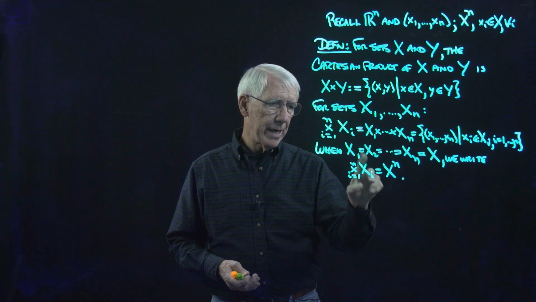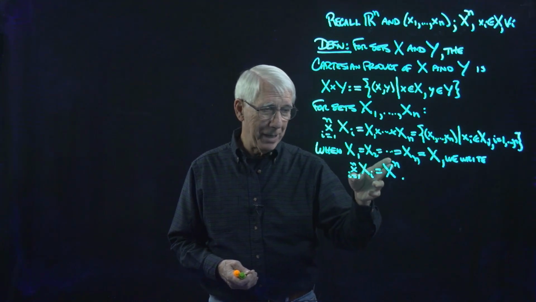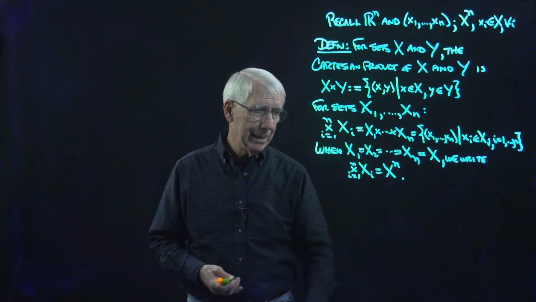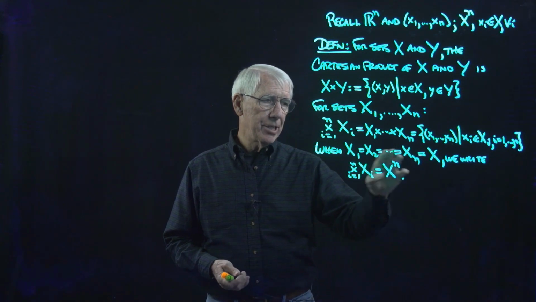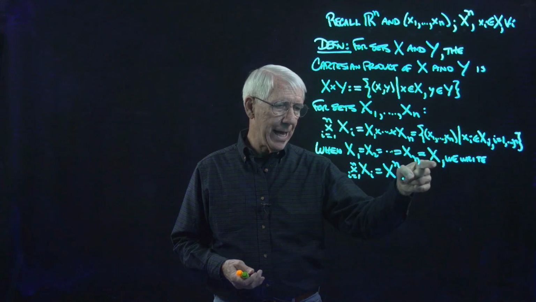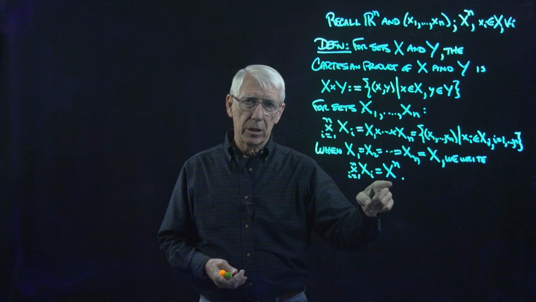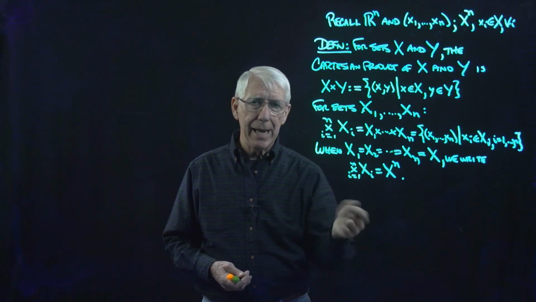You can think of this as a very brief script for a play or a television show or a movie. And in that script, it says, if you have a whole bunch of sets that are all the same set, and you want to look at the n-tuples where the components are drawn from that set, you can write it as capital X to the n. That's the script.